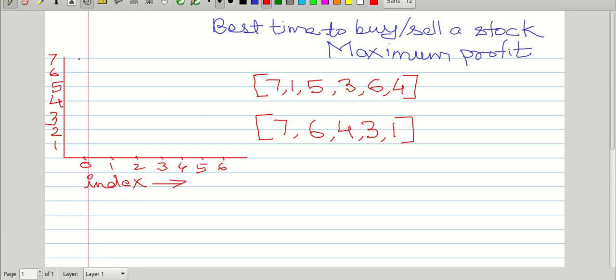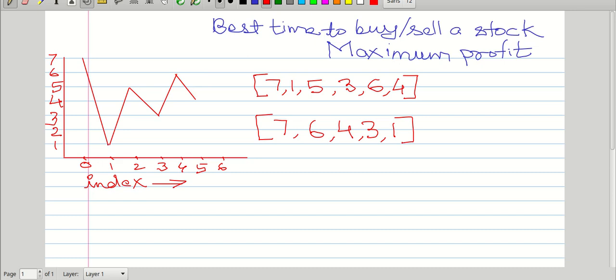So we start from 7, and then on day 2 the price becomes 1. Then the price becomes 5. On day 3 the price becomes 3. On day 4 the price becomes 6. On day 5 the price becomes 4. So we only have 5 days.